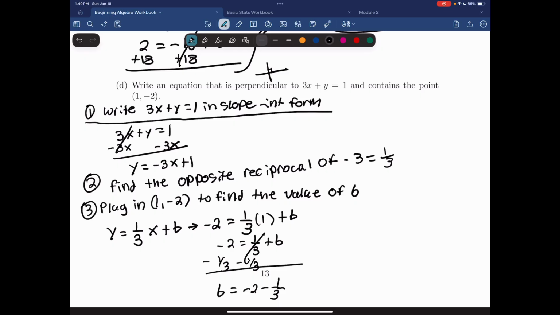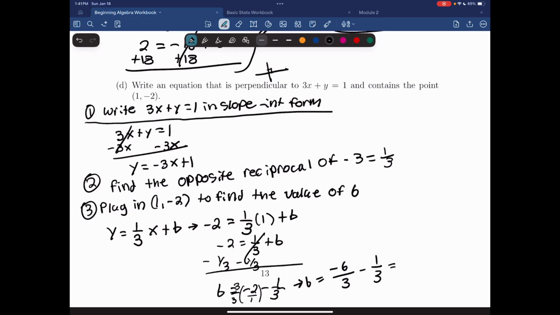To subtract these two, we write -2 over 1, and to get common denominators, I'm going to multiply this first fraction, -2 over 1, by 3. So we get b equals -6 over 3, minus 1/3.